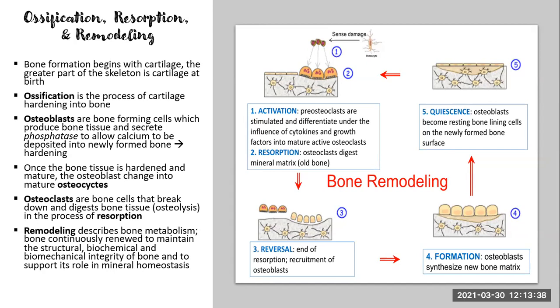Osteoblasts are the cells which formulate bone material and lay down the bone and harden bone. Osteoclasts are responsible for breaking down either damaged or old bone cells so that we can make room for new bone to be formed.